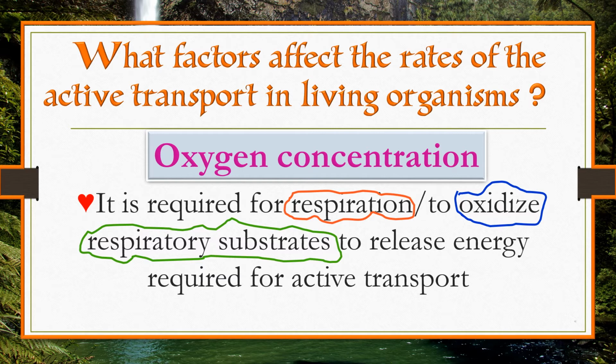And when it is oxidized, it is going to release energy, which is required for active transport. So oxygen is a factor which will affect active transport, because it is the one which oxidizes our respiratory substrate, which is glucose, to release energy, which is required for active transport.